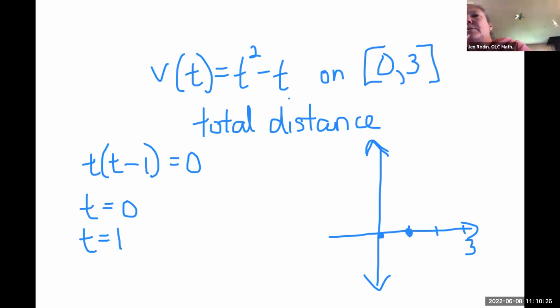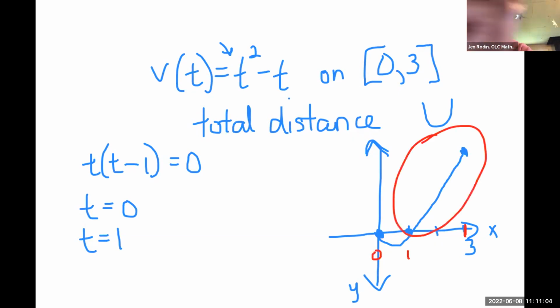I know it's a parabola cupped up because the t squared is positive. And it's crossing the x-axis at those two places. So I don't have to know exactly the y values, just the shape. Here's the shape. Okay, so if I know this one's 1, this is 0, and x is 3.